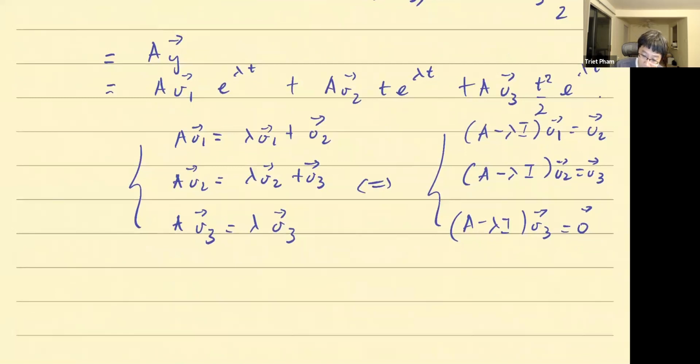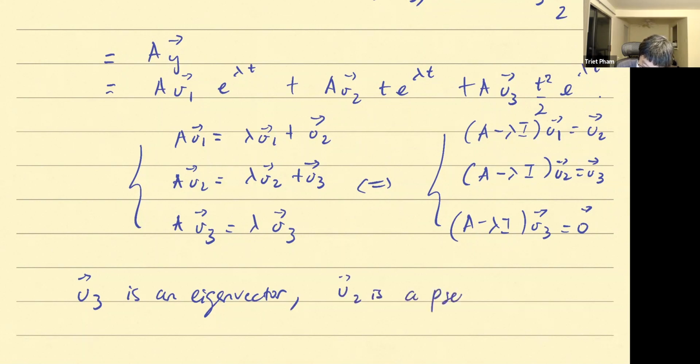So I will say this, right? v3 is an eigenvector, or rather the eigenvector, if you have only one, right? That's the case here, the eigenvector. I mean, or the eigenspace, okay? v2 is the pseudo eigenvector, let me put this, right, corresponding to v3.